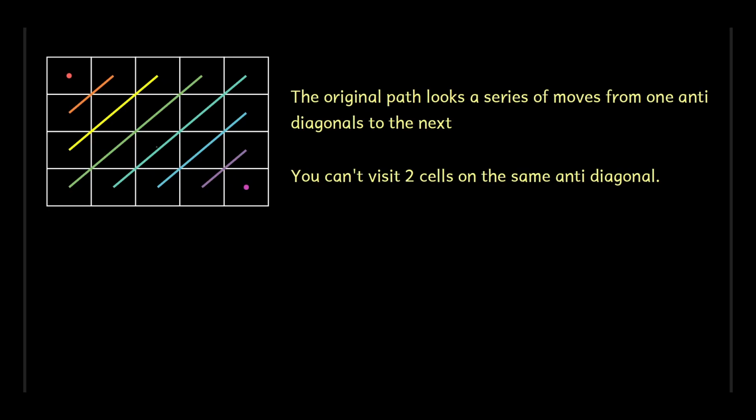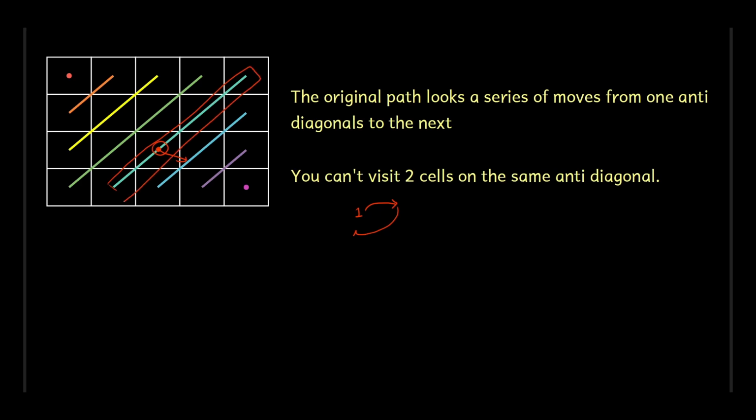Because in this figure, you can see that if you are standing on this cell, then you have to move to this anti-diagonal. So the movement is always along an anti-diagonal. In one operation, you always have to go to the next anti-diagonal and there is no way to go back. So if you have visited this cell, then you cannot visit any other cells in this anti-diagonal.